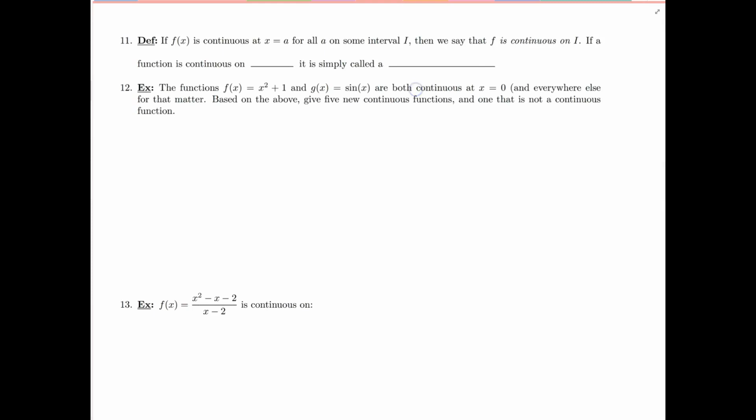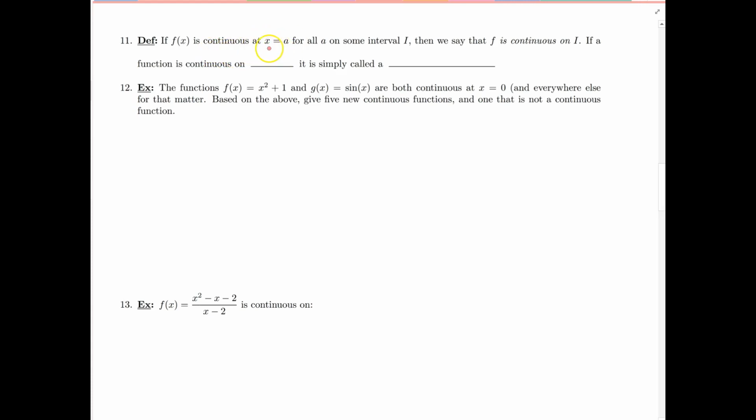So next thing I want to say is that if f is continuous at x equals a for all values on some open interval, then we say that f is continuous on that interval. Okay. So this is a way of saying, okay, suppose f is continuous at a whole collection of points, then we can say that f is continuous on that collection of points. What we're doing here in math is we're taking what's called a pointwise definition.